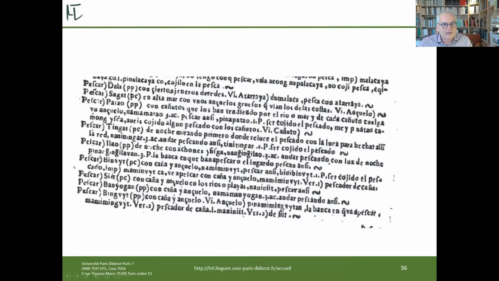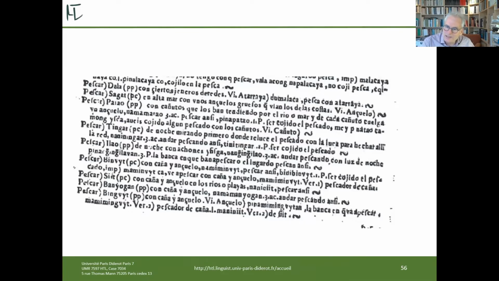For instance, you have here just a selection, because on the next page we will find even 10 or 20 more translations of the verb pescar, to fish. And as in the grammars, you find a lot of information here, equivalents, also usage, examples. And in the grammars, actually, of the Philippines, you find not only a translation or a paradigm compared with what you can find in Nebrija.